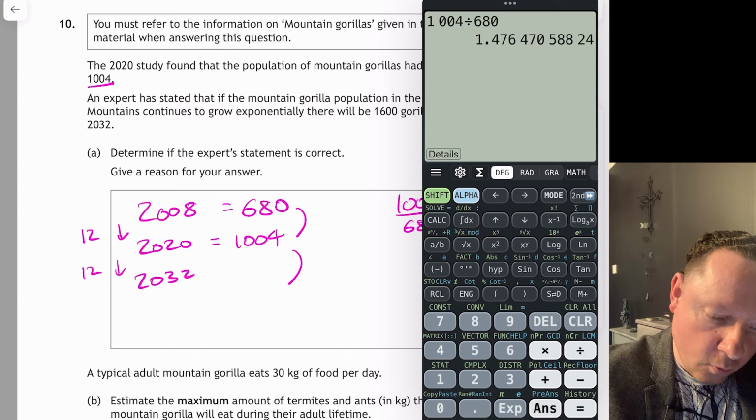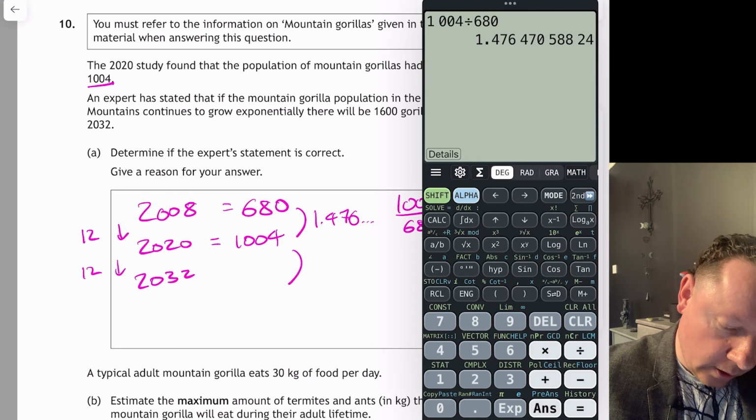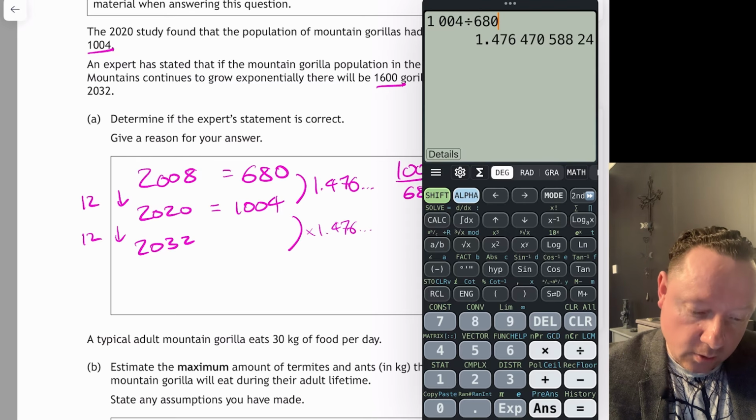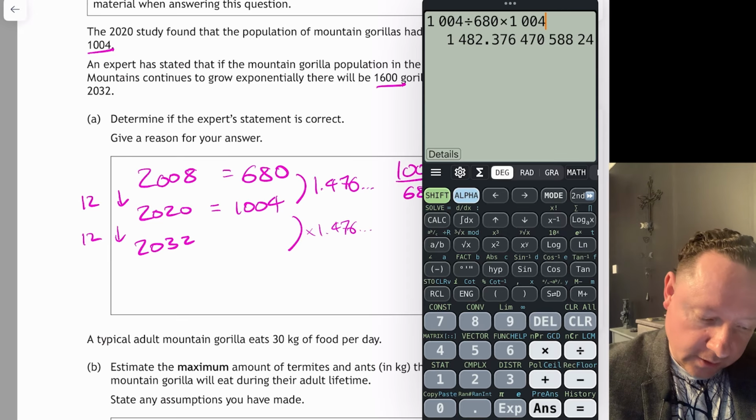That's 1.476. I'll take a note of it as a truncated amount, but I'll just leave it in my calculator. So that means to get to the next one, I'm going to times by 1.476 as well. So I'm just going to times 1,004 by that. That gives me 1482.376.